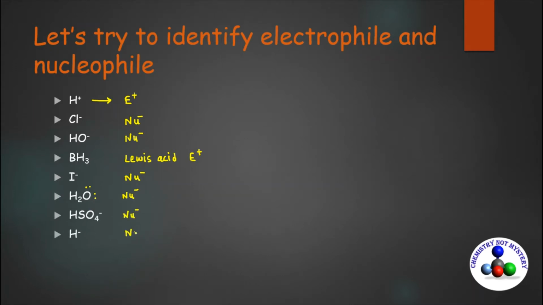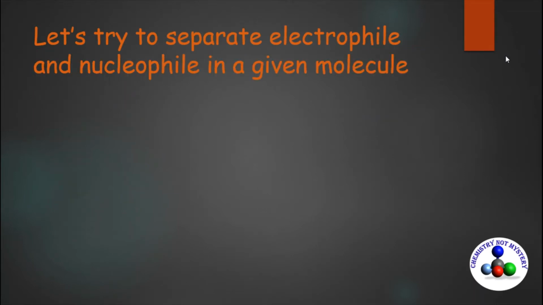Now try to separate electrophile and nucleophile in a given molecule. H2O can be split into H+ and OH-. H+ is an electrophile and OH- will be the nucleophile. HCl can be split into H+ and Cl-.